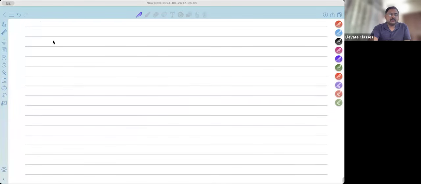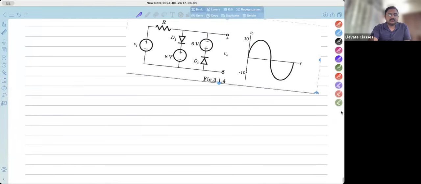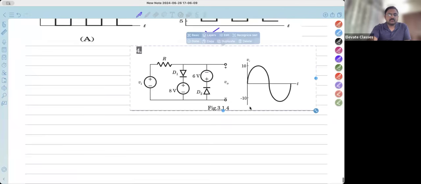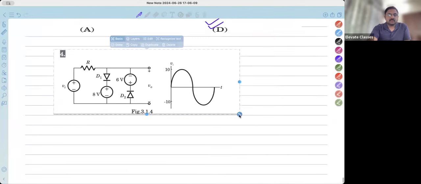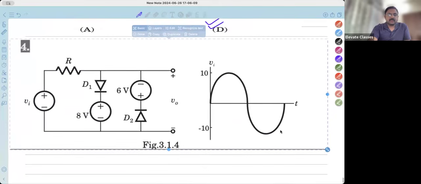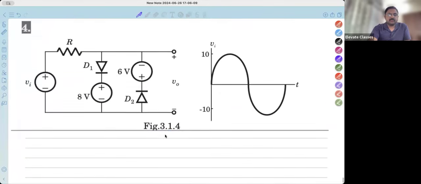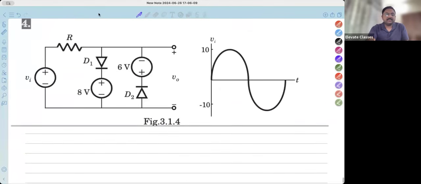All right, let's take another question. Yeah, this is problem number 2, the second problem for today. What is this circuit? This is also a clipper circuit. No capacitors, right? So this is a clipper circuit.